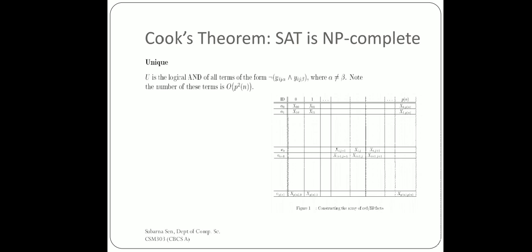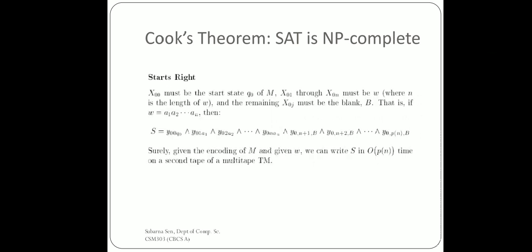So what starts, is what it is saying now. Just follow the table as a reference, but I have not kept the table in all the slides because it would consume more space. That's why just remember the table for now. Now x00 must be the start state q0 of M, and x01 through x0 alpha must be w.